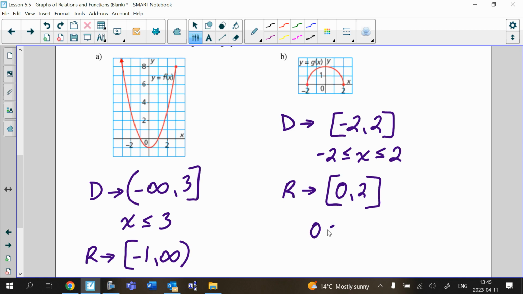This is actually a good question because it reviews some things. And you have to be able to read values on graphs.